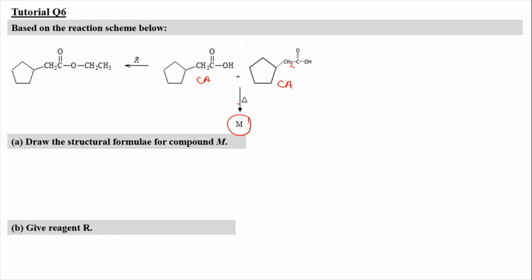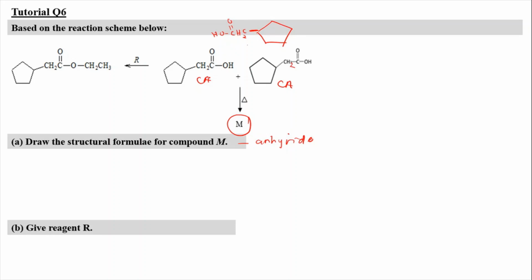For compound M, it's basically a reaction between two carboxylic acids. So what is going to be produced here is an anhydride. You can also redraw the structure again, and on this side you can make it as CH2 C double bond O OH.